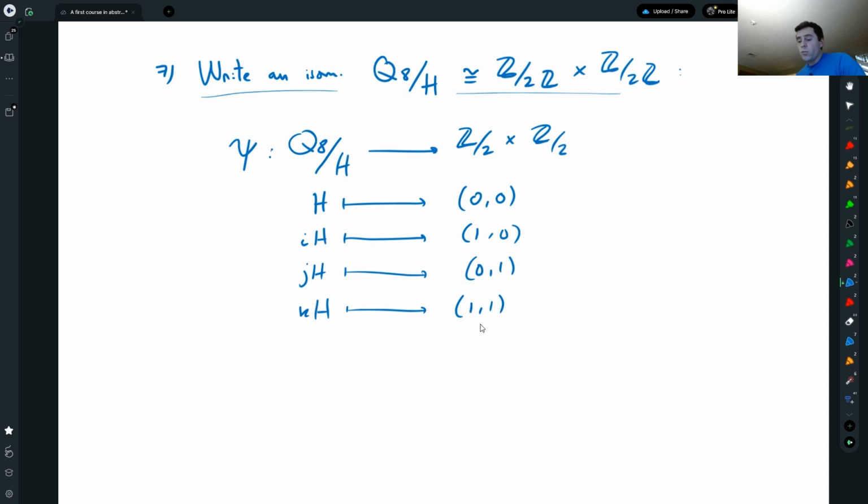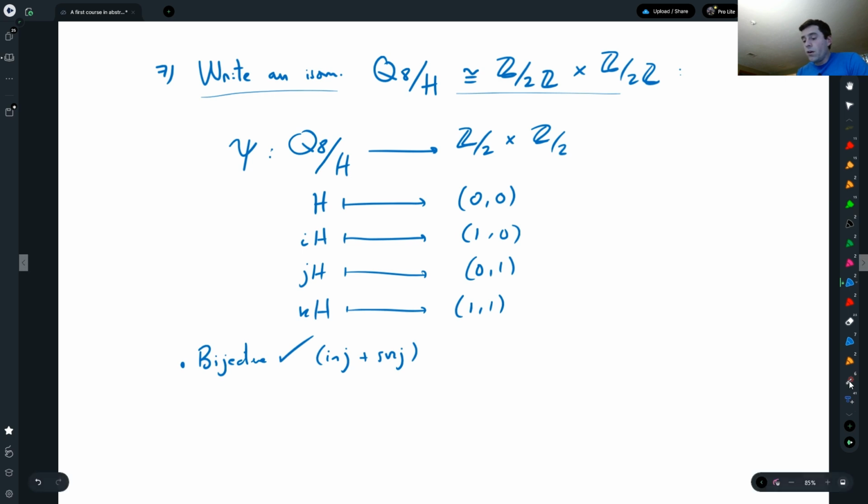Is this an isomorphism? First of all, notice that it is bijective because it is injective plus surjective, right? This has 4 elements. This has 4 elements. I get all of them, and clearly the map is injective, so it's a bijection. And now I also have to check that it respects group structure.